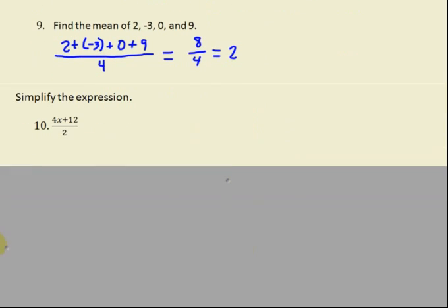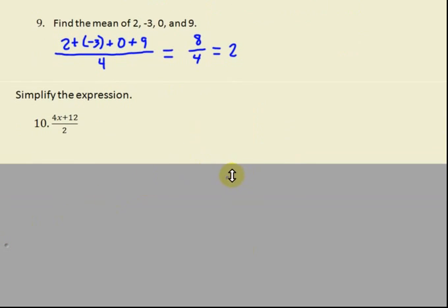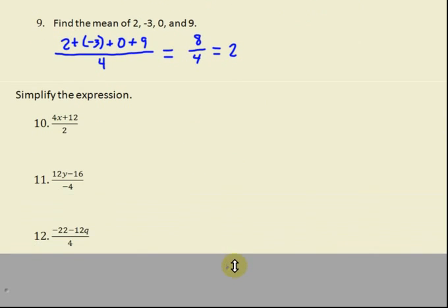Okay, number 10, simplify the expression. So in the next 3 problems we have a quotient, and of course we can rewrite this as, so we take our dividend, 4x plus 12, and then multiply by the multiplicative inverse of our divisor, so times 1/2.